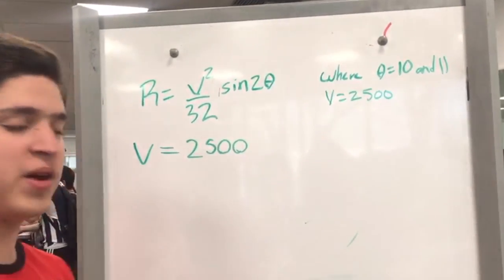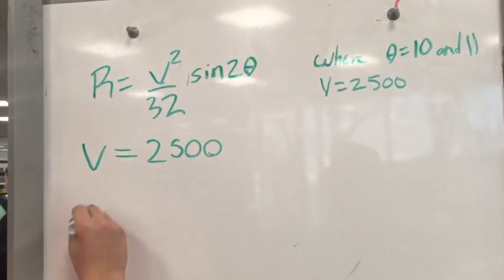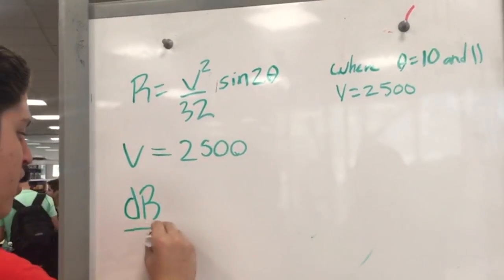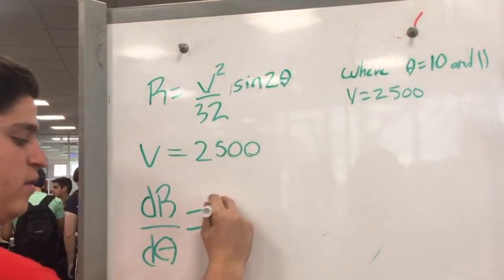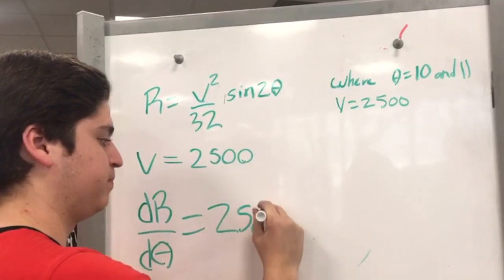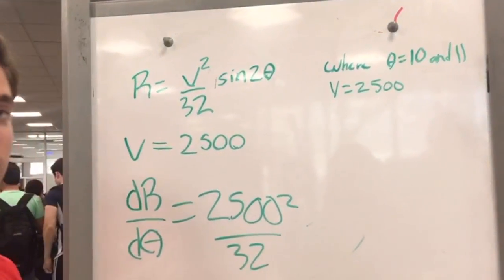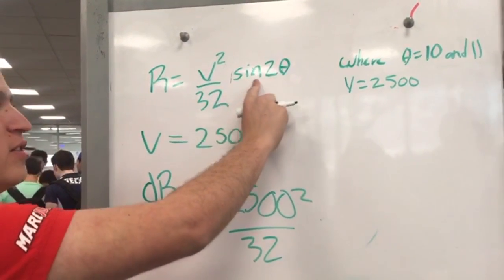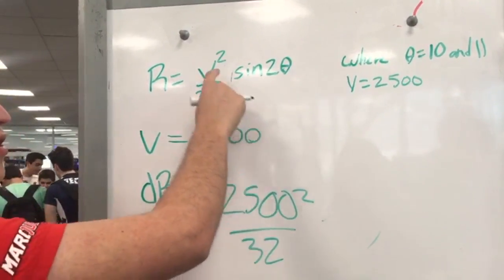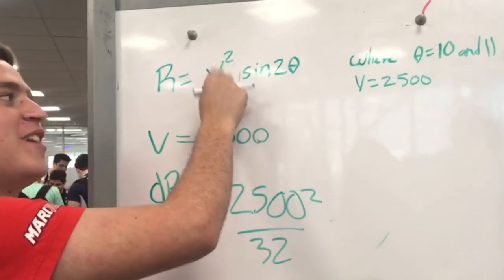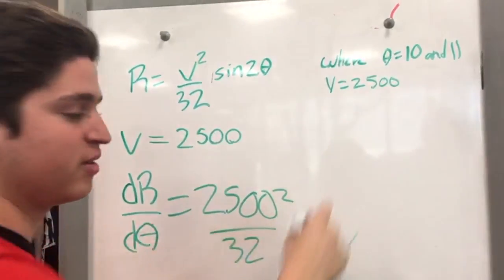Okay, so now we have to find the estimate of the differential between these two values. We will plug it in as the following: dr over d theta, then we need to find the derivative of sin 2 theta. It's just the part of sin 2 theta because this is an exact value which equals 2,500, so we're not differentiating it.